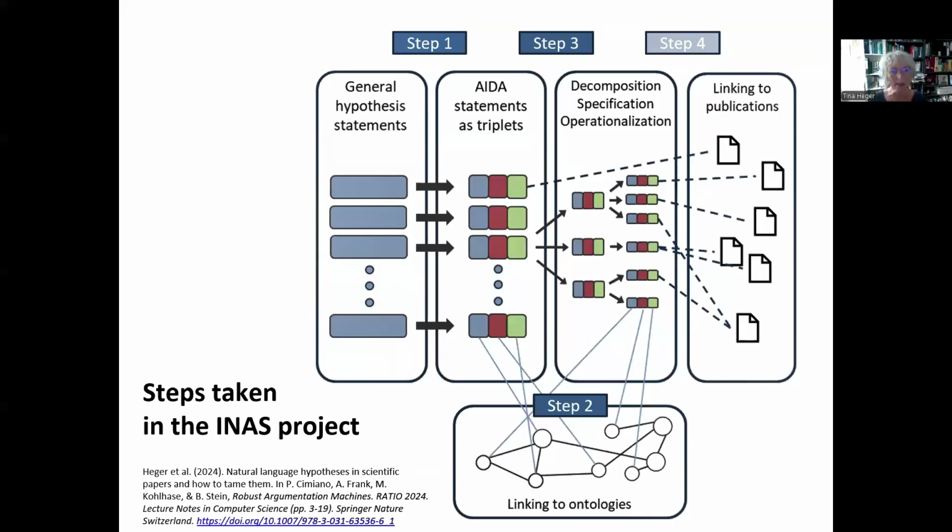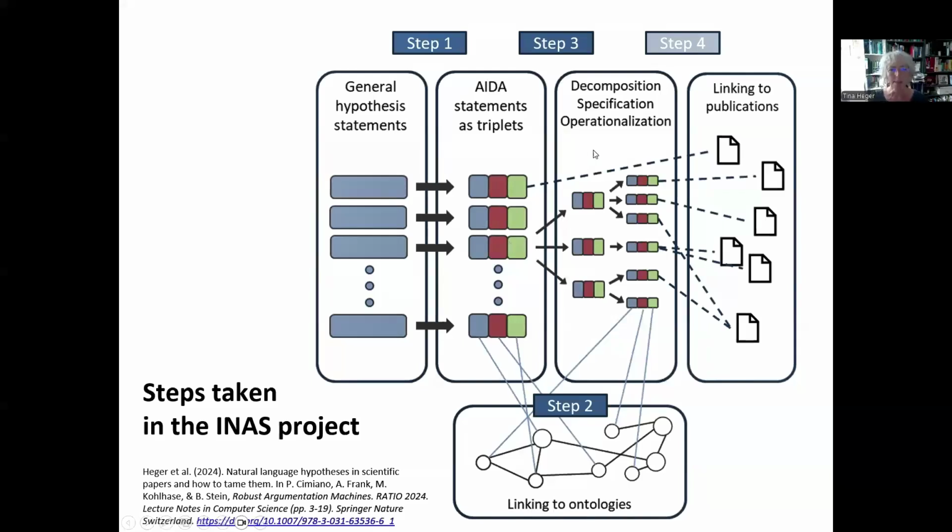And what we did in this project was to take several steps towards formalization of these hypotheses. Step one was to think about how these natural language statements can be transformed into triplets. And step two was how can we then link these triplets to existing ontologies, for example.